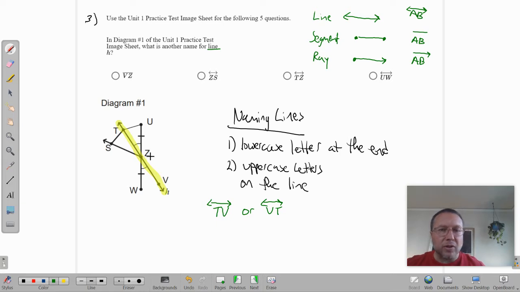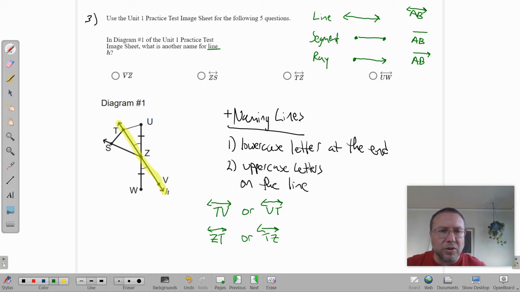I could also use a letter that's on the inside as well. So what that would look like is I could do ZT, or I could do TZ.